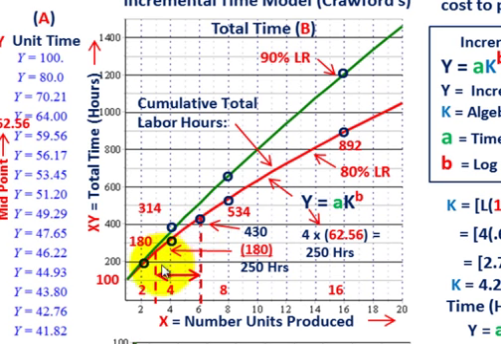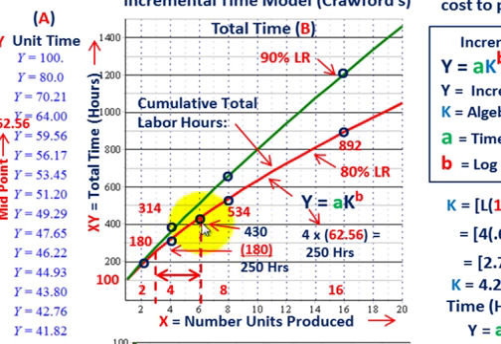So really what we're looking at is the total cost from the 2nd unit up through the 6th unit, that is units 3, 4, 5, and 6. To prove out that our arithmetic was correct, we have 430 hours for our 6th unit and 180 hours for our 2nd unit, so we just take the difference.